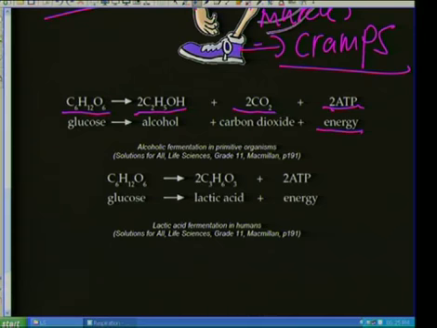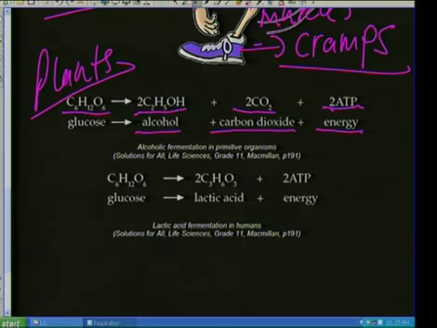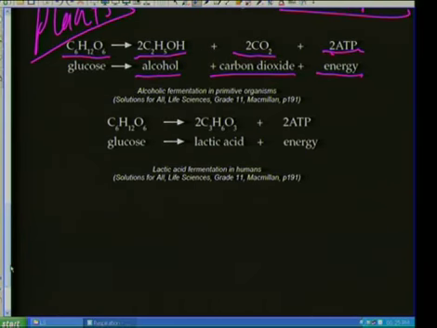Little bit of energy, alcohol and carbon dioxide. That's mainly in plants. Alcoholic fermentation. Okay. In words, glucose is broken down into alcohol plus carbon dioxide plus energy. You need to know both the numerical representation or the scientific equation and the word equation.